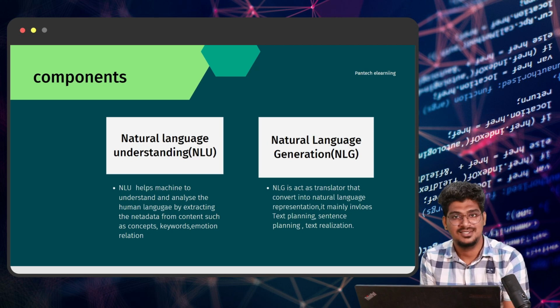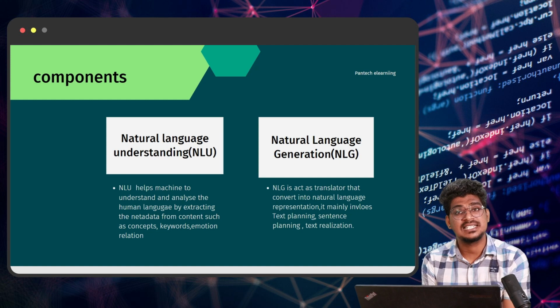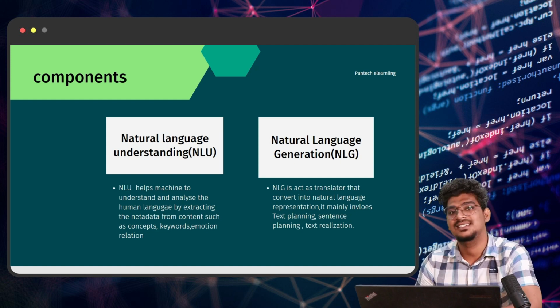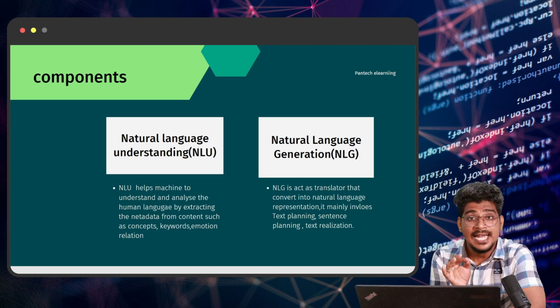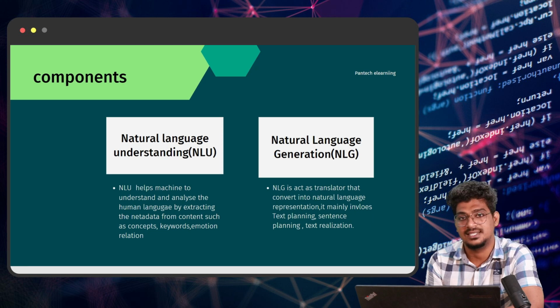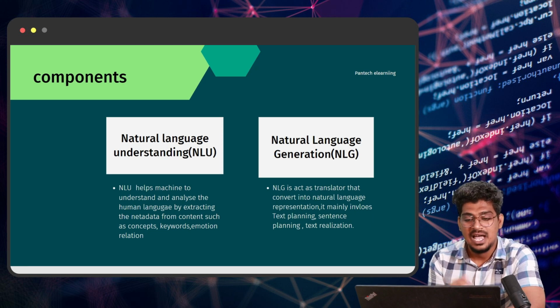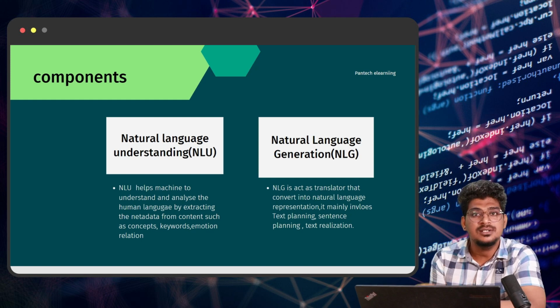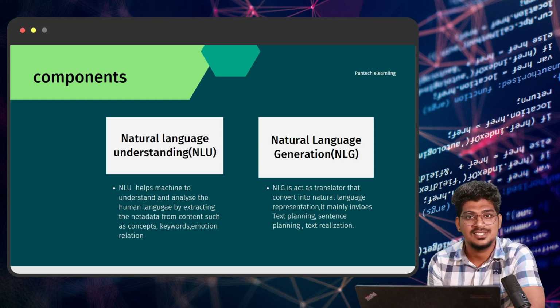The first one, natural language understanding. What is the meaning of that exactly? It helps the machine to understand and analyze the human language by extracting the metadata from the content, such as concepts, keywords, emotion or relations, whatever it is.